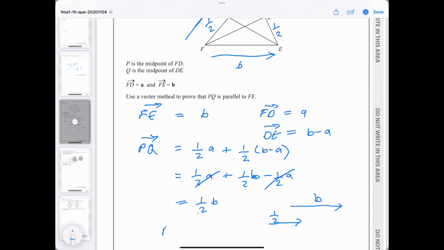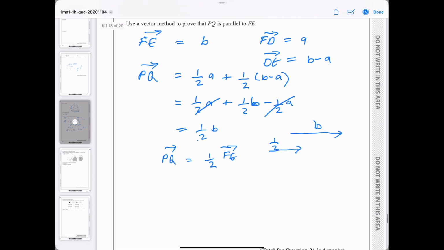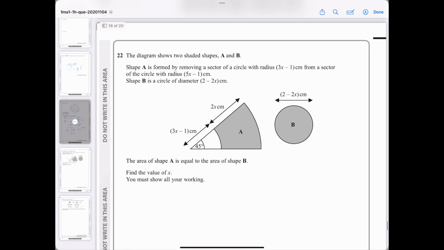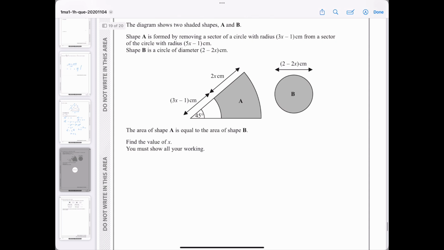So PQ equals half of FE, which is basically saying that it's the same direction but has a scale factor of half. Right. I never know how to finish these off, to be honest.